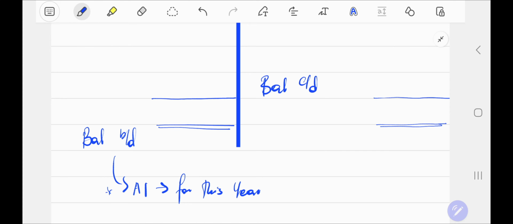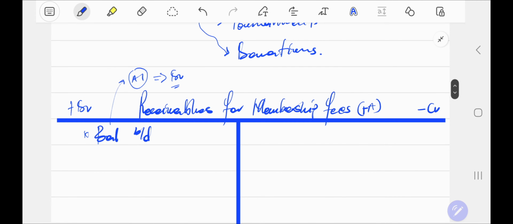This is the closing balance. You are going to find this on the statement of financial position under current assets. So the amount that you record here is going to be the same amount that you record here. This one is the opening balance.